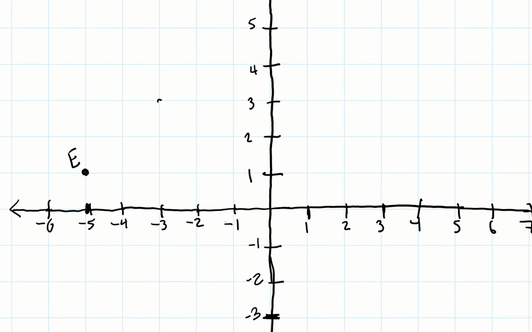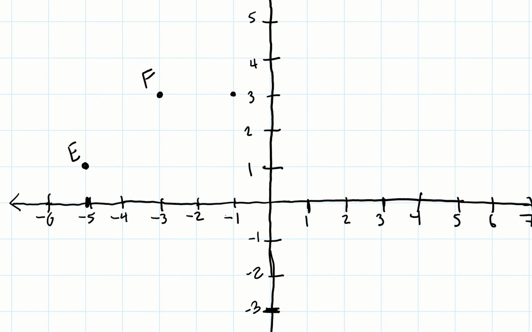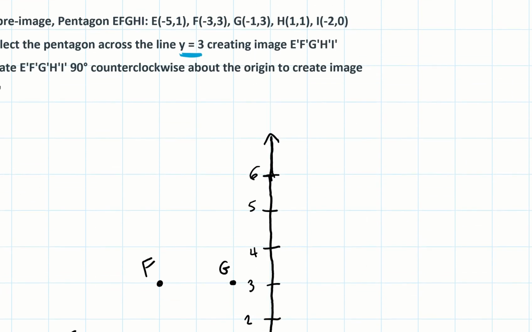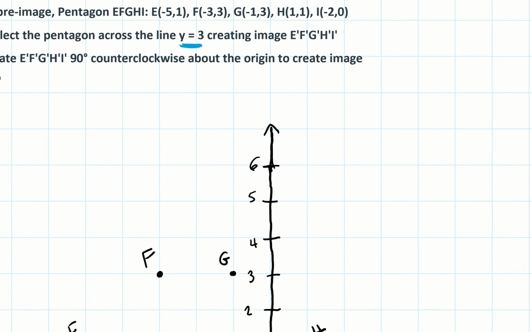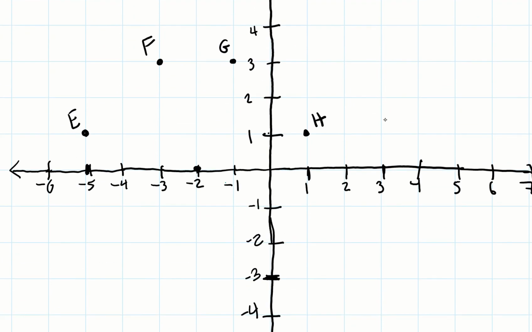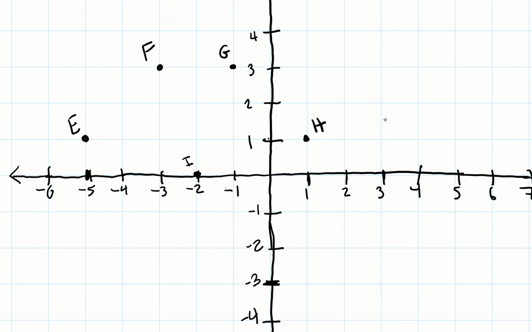F is -3, 3. -1, 3 for G. 1, 1 for H. -2, 0 for I. Okay, so this looks like an upside down version of what you would normally think of as a pentagon. So there's my pentagon, my pre-image.